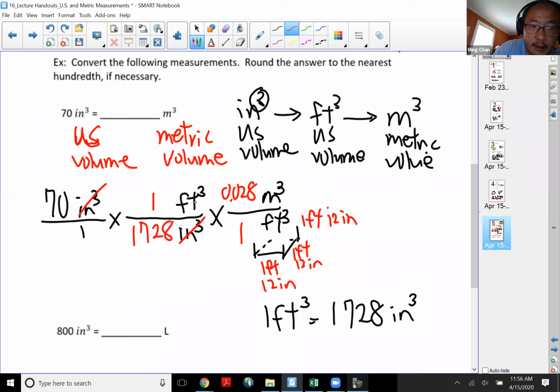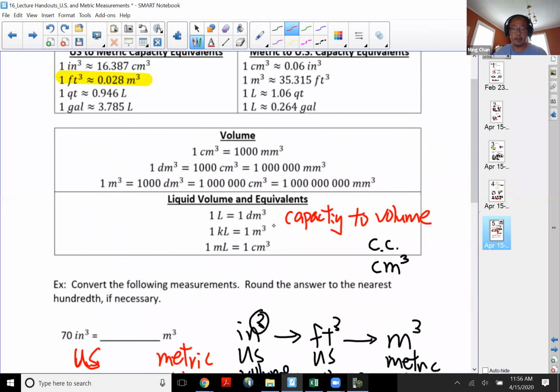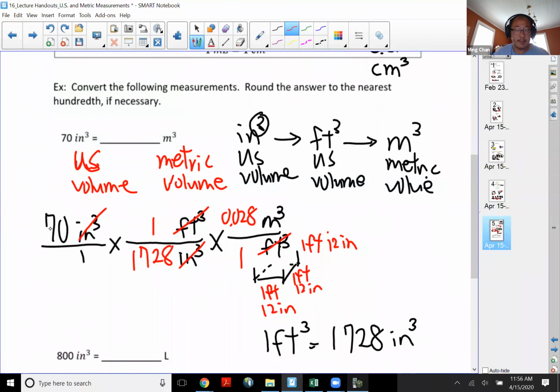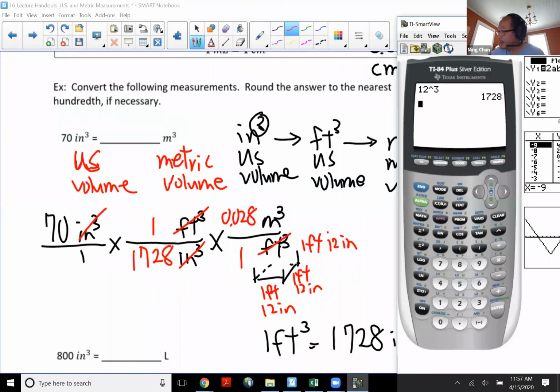0.028. There you go. Canceled out. Is that right? 1 cubic foot, 0.028 cubic meter. So this problem is 70 times 1 times that. 70 times 1 times 0.028 first, then divided by 1728.